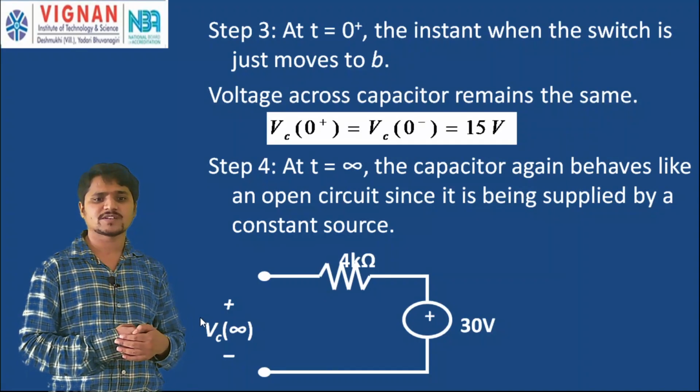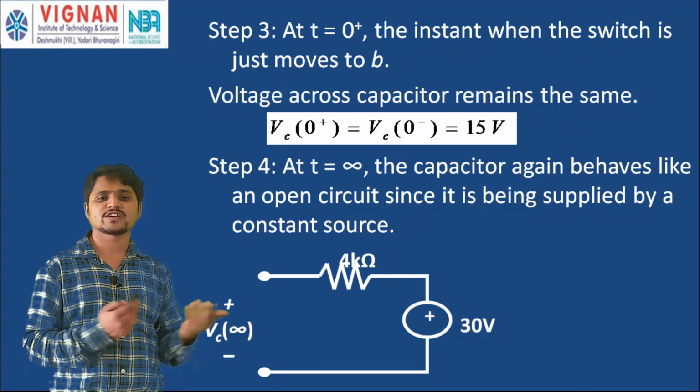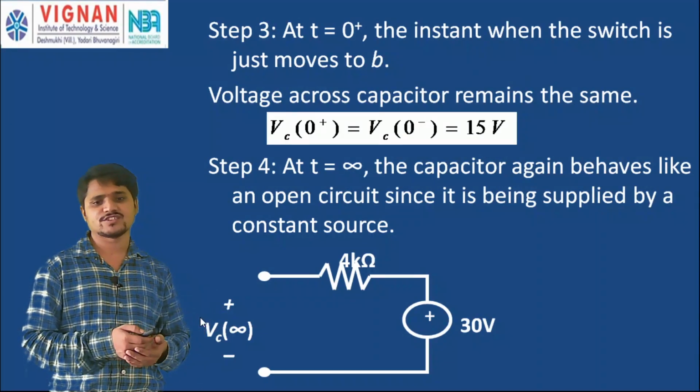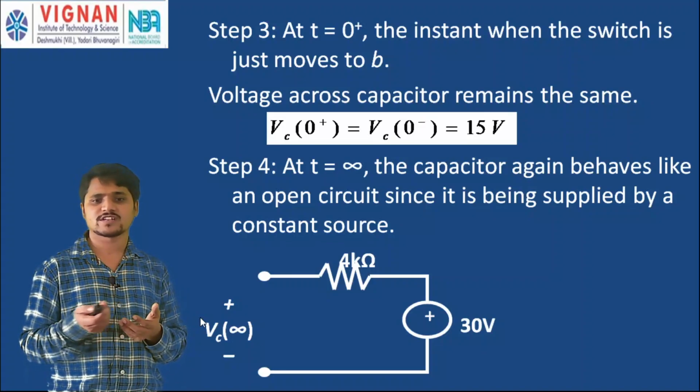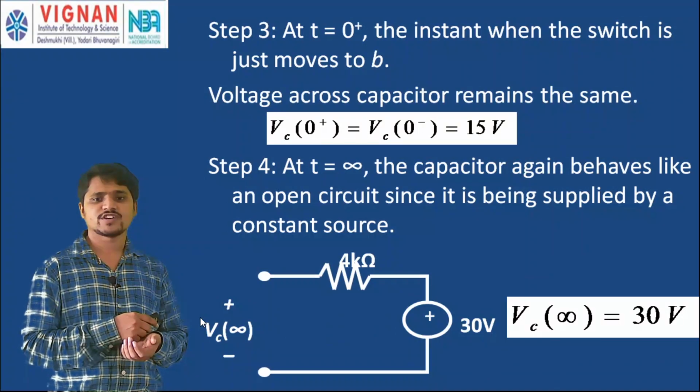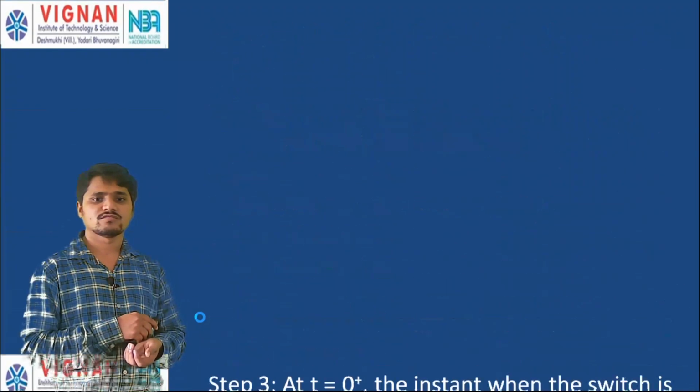What is the voltage across the capacitor here? Vc of infinity is equal to 30 volts, because with an open circuit the current is 0 and the voltage across the resistor is 0. So the total voltage, 30 volts, appears across this capacitor.